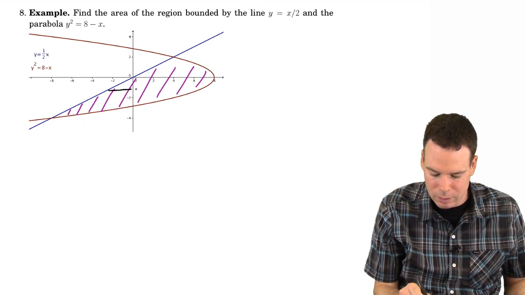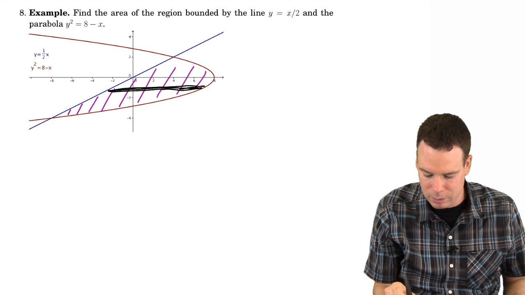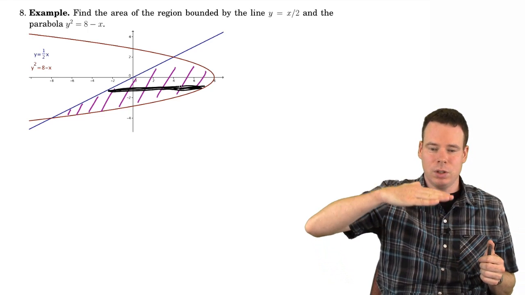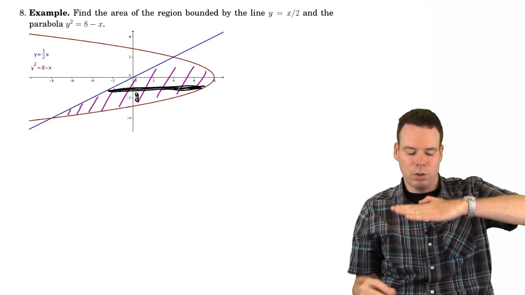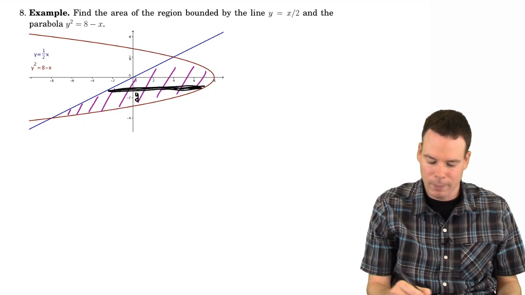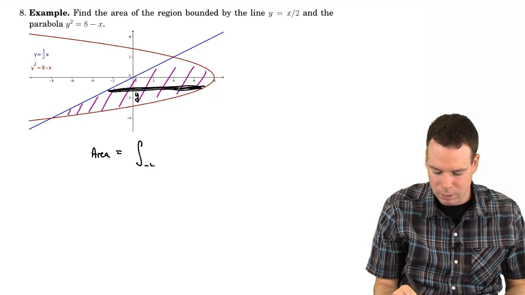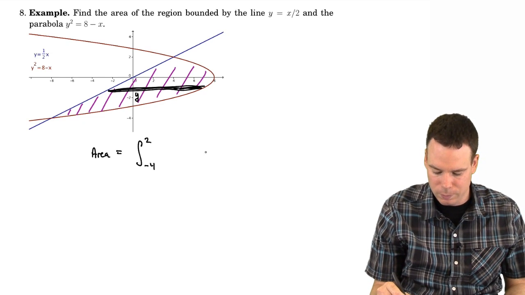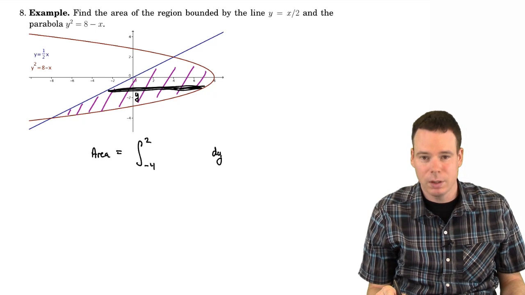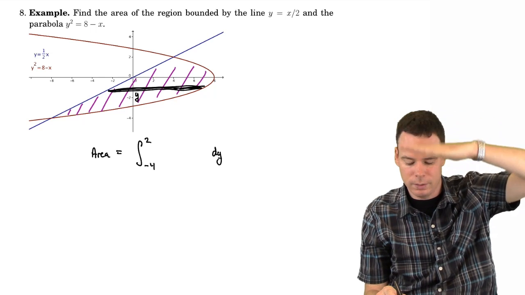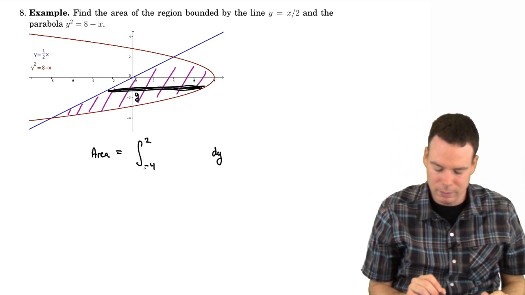If I integrate along the y-axis, so my line segment that I'm imagining sweeping out the region is given by an arbitrary y value, and the y values go from -4 all the way up to 2, then the area, in this case, is obtained by integrating. Y goes from -4 to 2, dy. dy here is important because we're integrating over the y-axis. That's what the y here indicates. We're integrating over the y-axis, or along the y-axis.